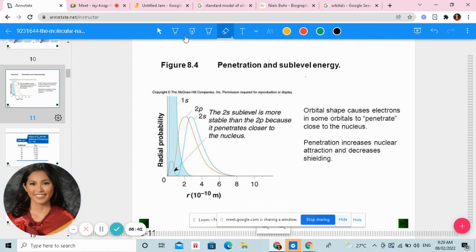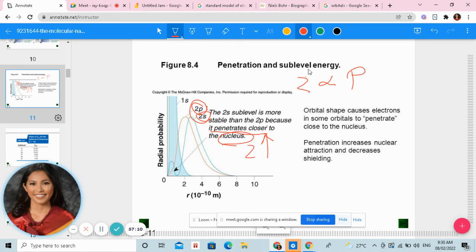Alright. The 2s sublevel is more stable than the 2p because it penetrates closer to the nucleus, which means that Z is higher. Z is directly proportional to penetration.